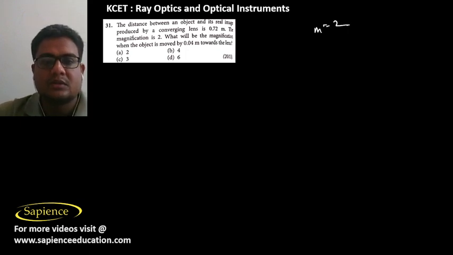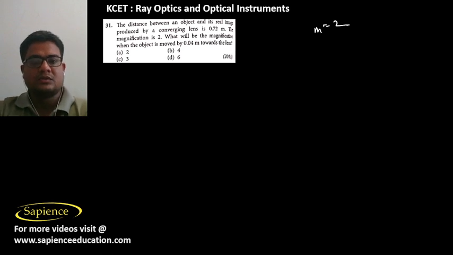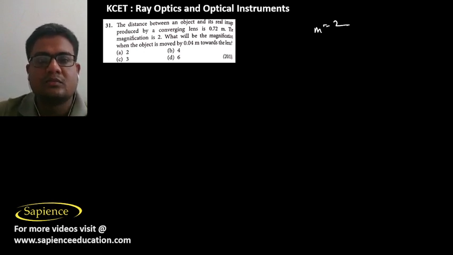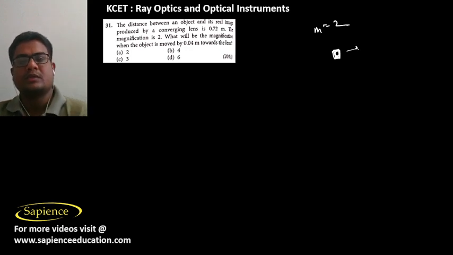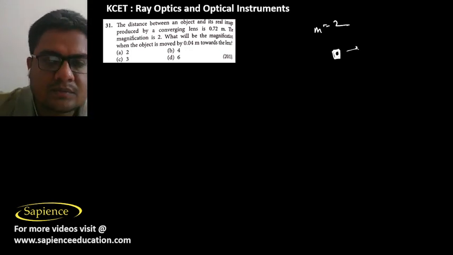What will be the magnification when the object is moved by 0.04 meter towards the lens?